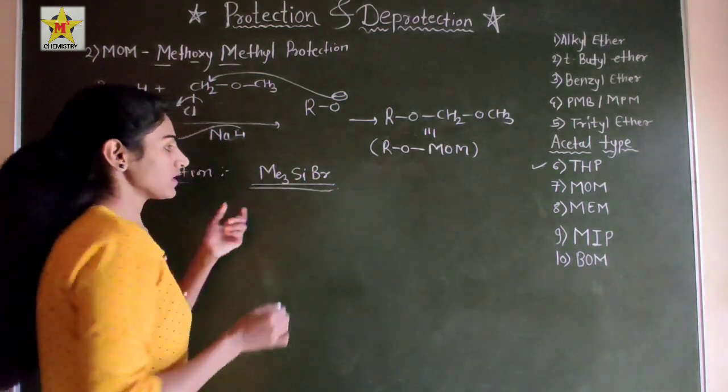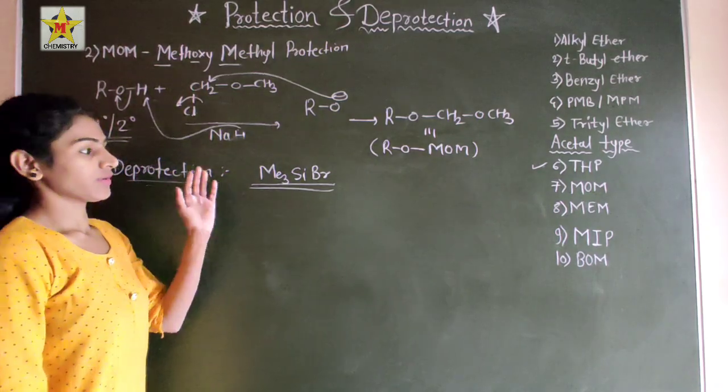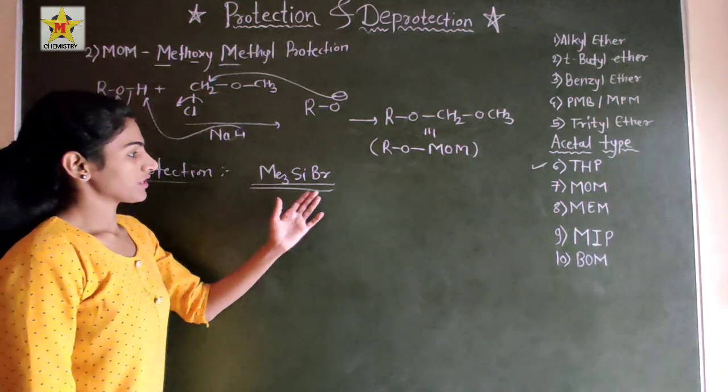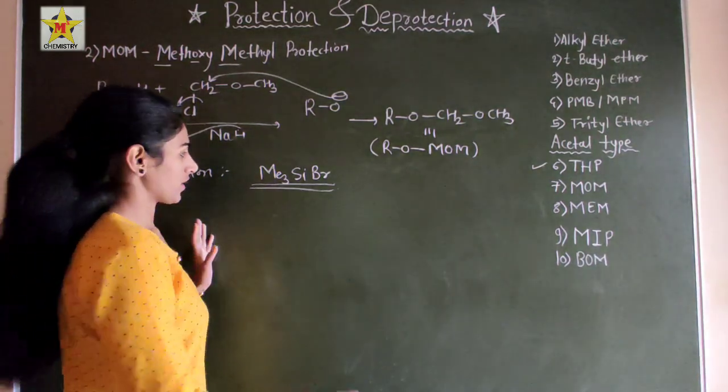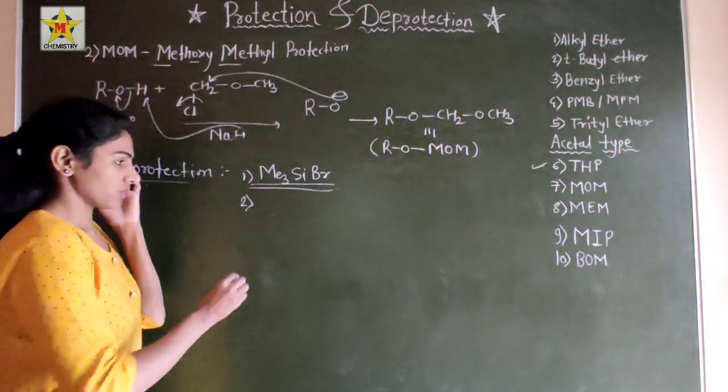Trimethylsilyl bromide is selectively used for deprotection of this MEM group, because with it we can easily deprotect this group. This is the first deprotecting agent.